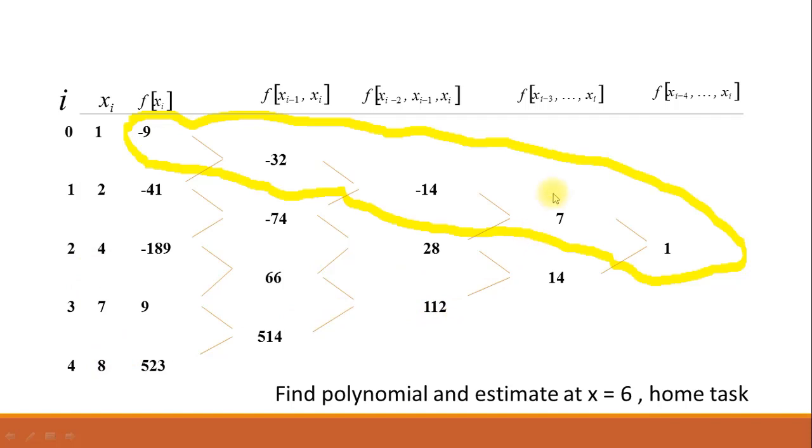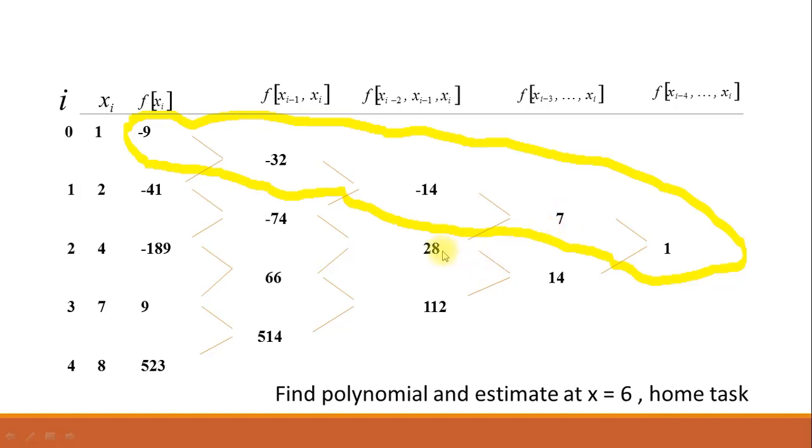Now how to construct the third order differences? Subtract minus 14 from 28, and skip two numbers in this column. So subtract 1 from 7 and then divide the difference of these numbers by the difference of 1 and 7, we get 7.